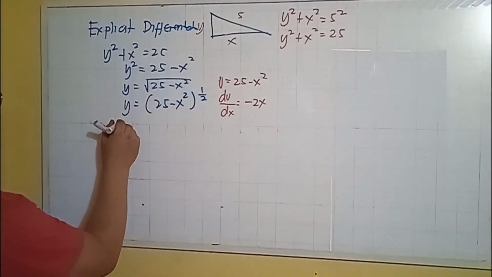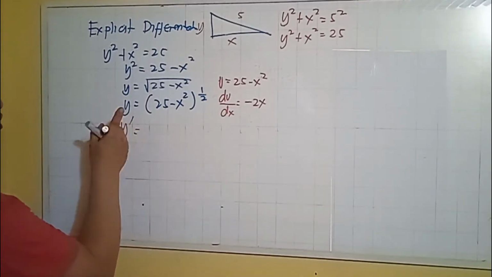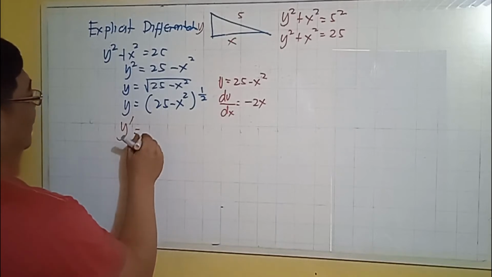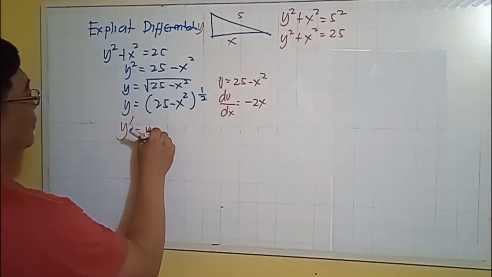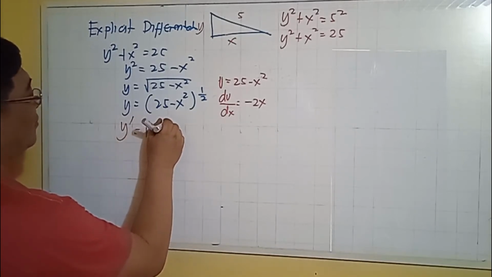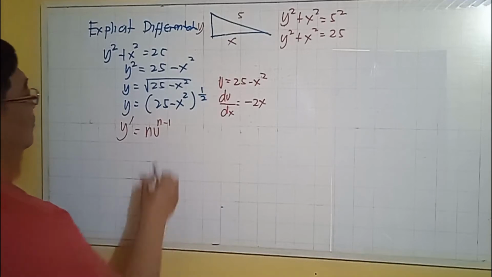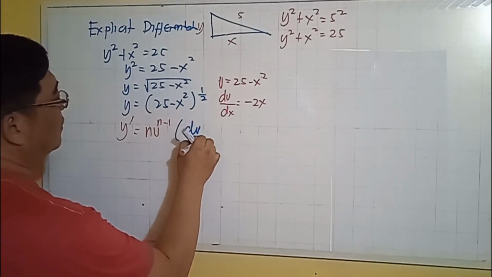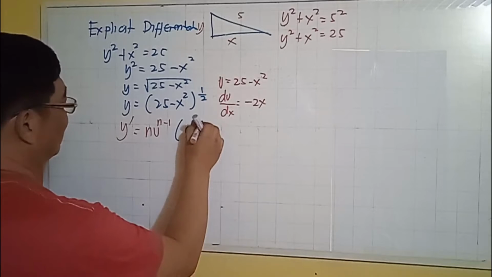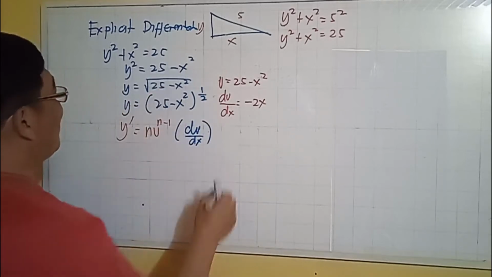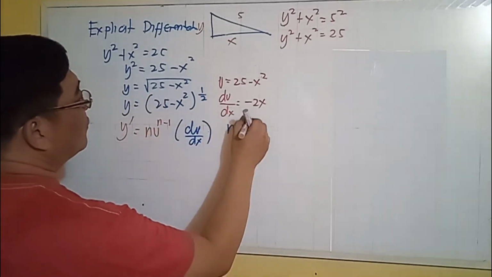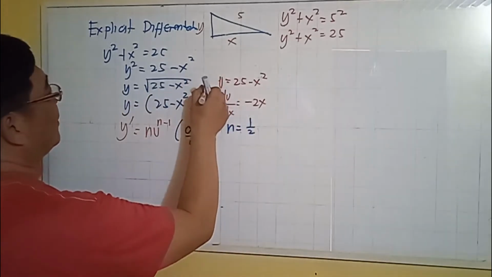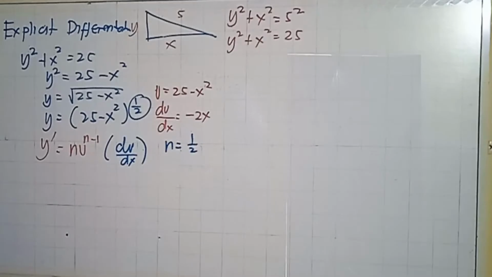So, yung formula ng derivative using chain rule is n times u raised to n minus 1 multiplied by du over dx. Then let's substitute. N is equals to 1/2. Ayun siya.